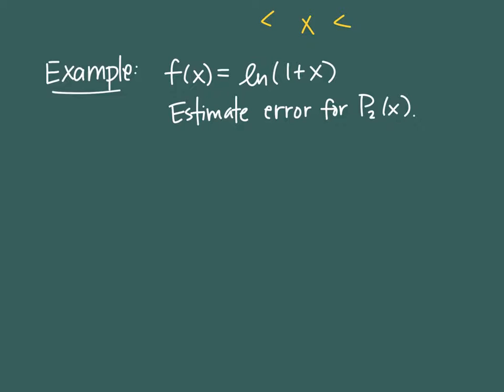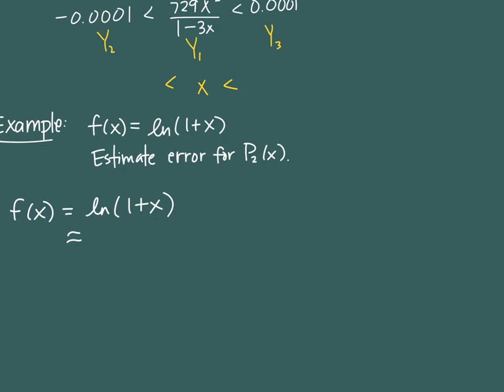All right. So if f of x is the natural log of 1 plus x, then from our Maclaurin table, oh, and I didn't give you center. This is centered at 0. Got to know that, so you know that you can use Maclaurin.